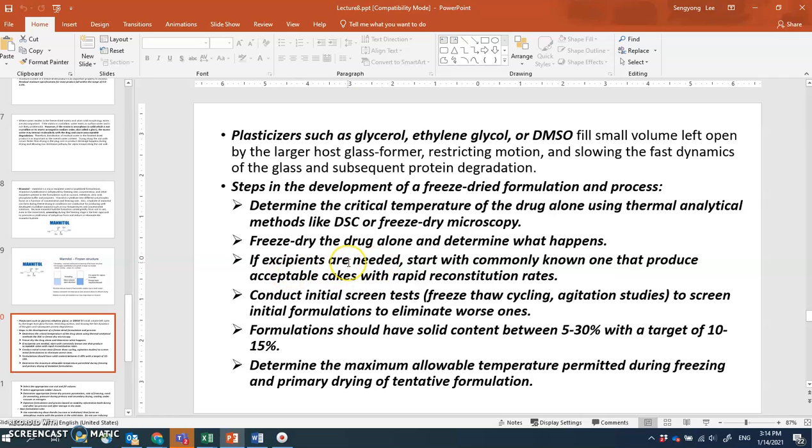Those should be tried first. And then conduct initial screening tests, freeze thawing cycles, or agitation studies to screen initial formulations to eliminate worse ones. You can try different formulations by adding different excipients, but conduct various tests on the different freezing cycles and see which one works the best.